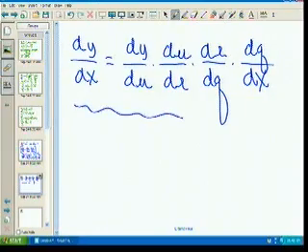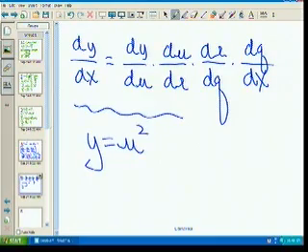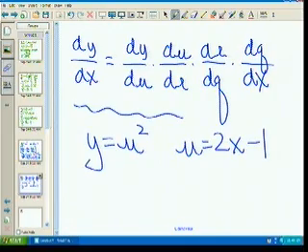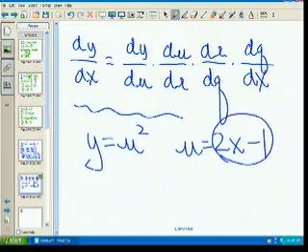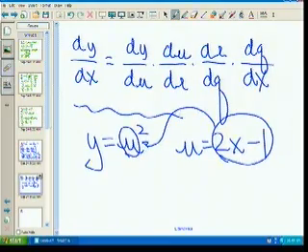Now, I don't want to completely beat that problem to death, but let's make sure that everybody realizes that it was the same problem. y was u squared, and u was equal to 2x minus 1. So if we wanted a function of y in terms of x, couldn't we take this quantity for u and plug it in here for u, right?